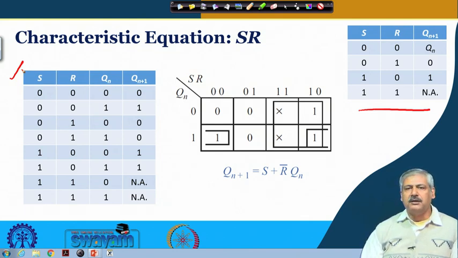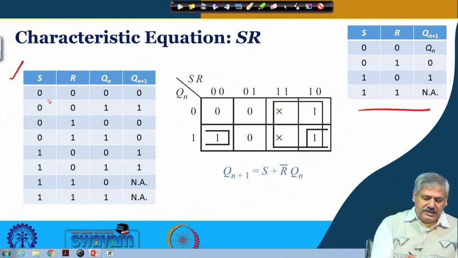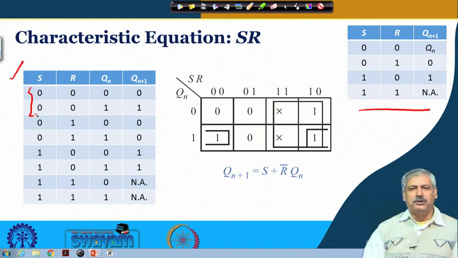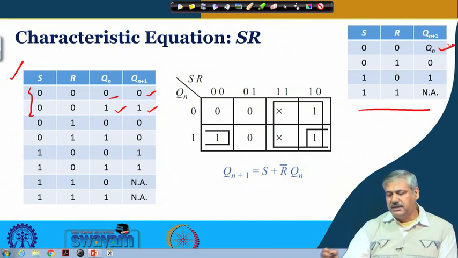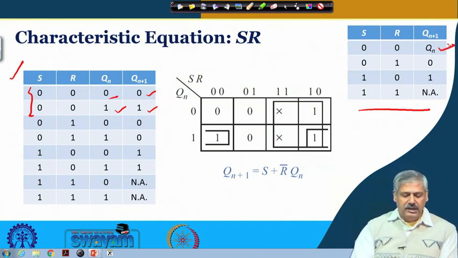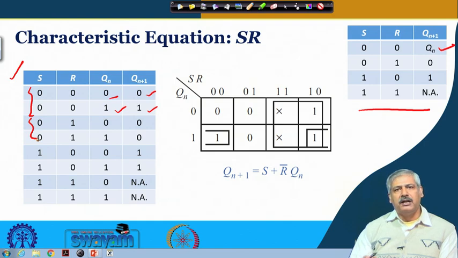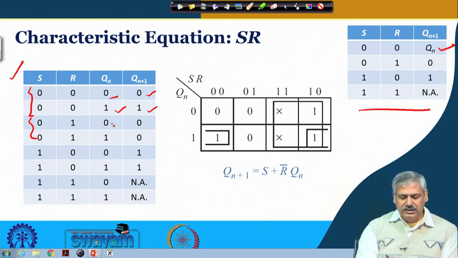If we remember, for S and R inputs 0 and 0, if the current state is 0, the next state will also be 0. If the current state is 1, the next state will also be 1. That is, the previous state is retained. If inputs are 0 and 1, the flip-flop will be reset irrespective of the previous state, whether it is 0 or 1, the next state is 0.